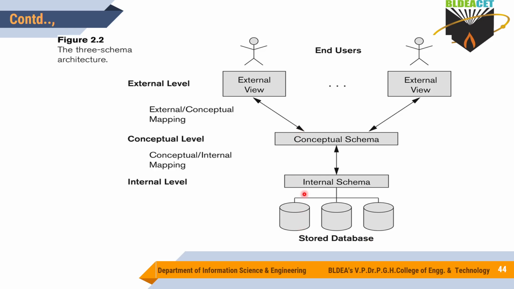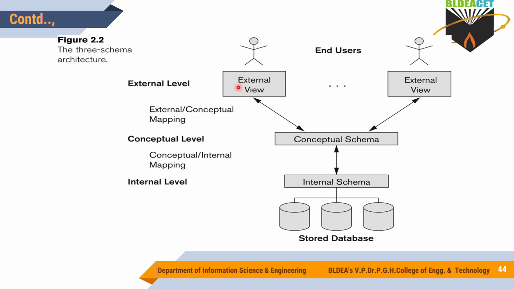So is it clear what the external level, the conceptual level and the internal level are? Now we'll see one more term, the external and conceptual mapping between the external level and the conceptual level. What mapping means is very simple. For example, an end user wants to view some information. How will they ask that question?